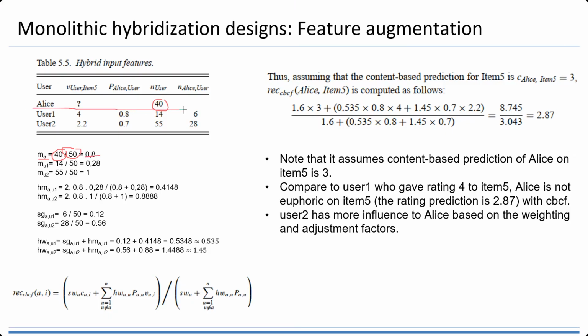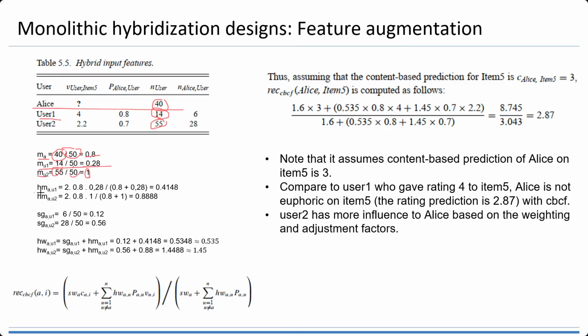So this is from Alice. MU1 means user 1. We have 14, so 14 divided by 50 is 0.28. And MU2, we have 55. 55 divided by 50 is more than 1, so we use the maximum, which is 1.